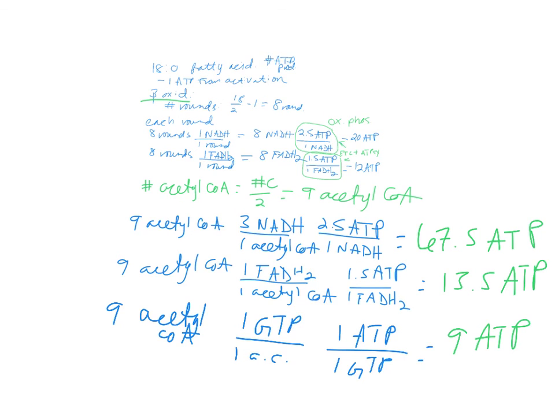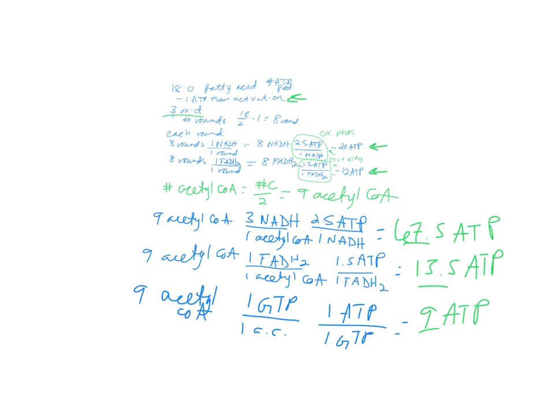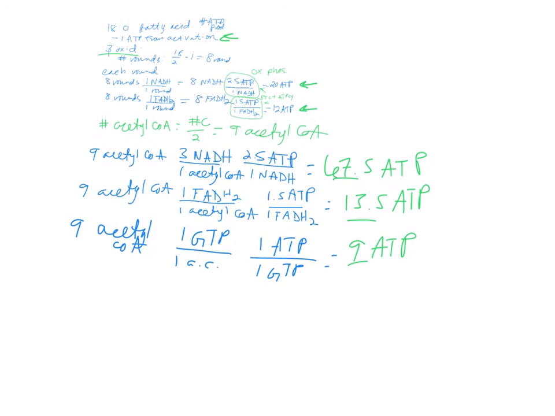Does that seem right? I got minus 1, 20, 12, 67.5, 13.5, 9. Wow. Okay, so my grand total is 121 ATPs.